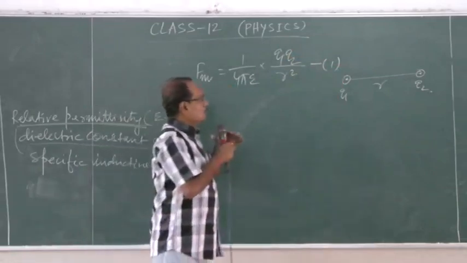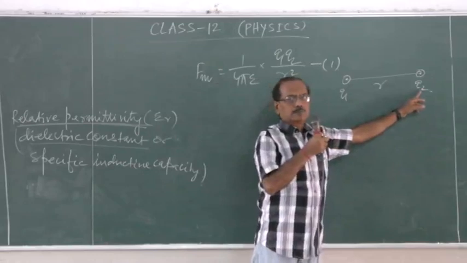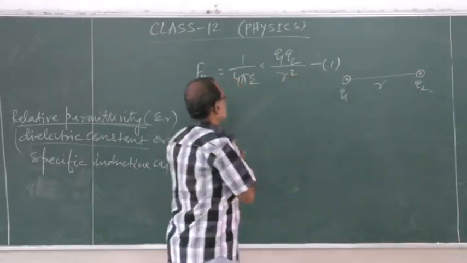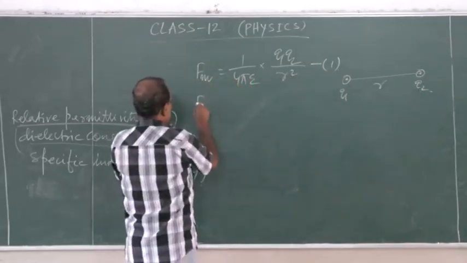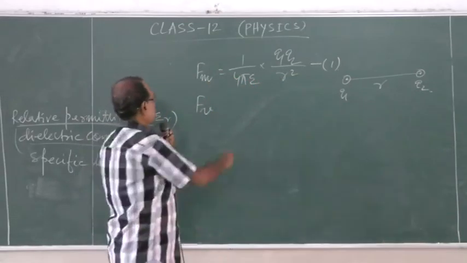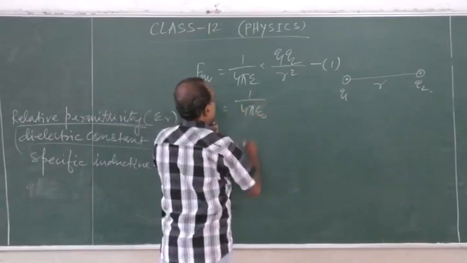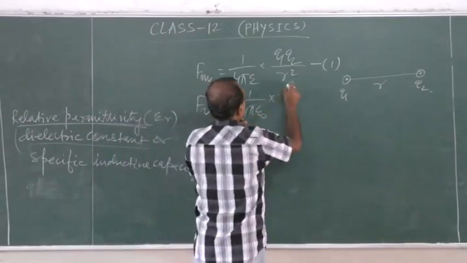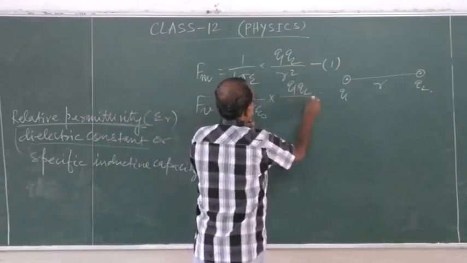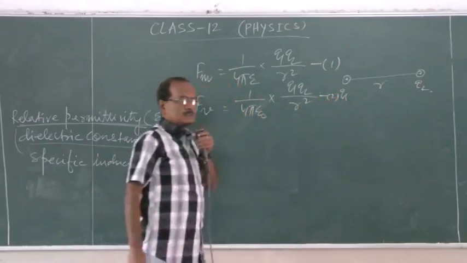Now, when these two charges are kept in vacuum or in free space, say the force is Fv. V stands for vacuum. That is 1 by 4 pi epsilon naught into Q1 Q2 by r square, equation 2.